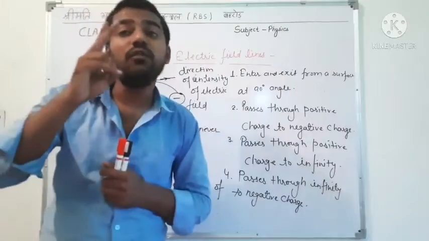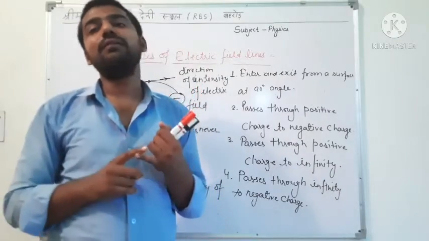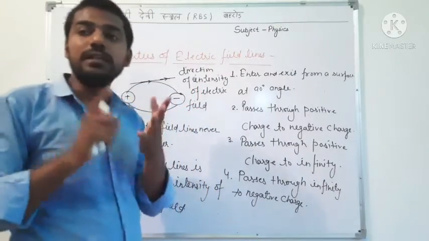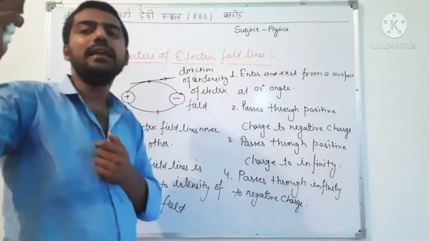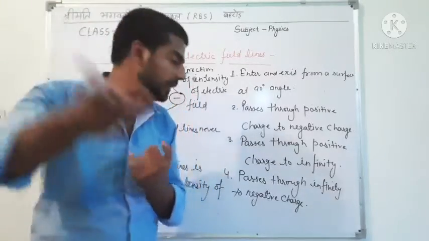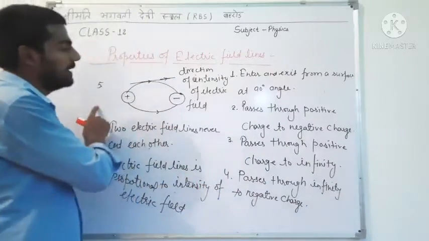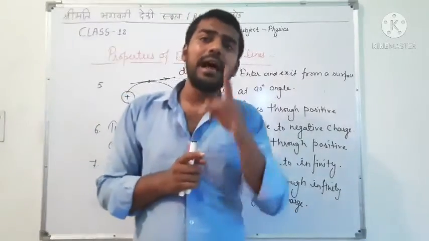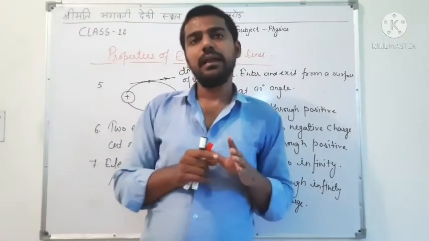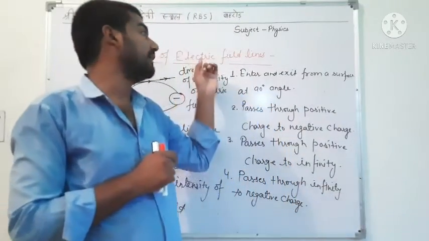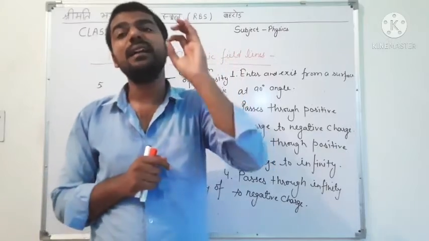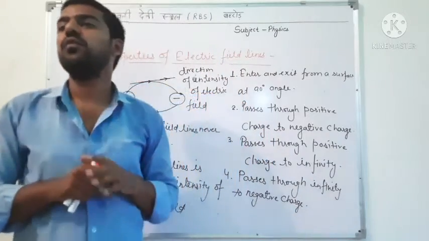If we have only one charge, then electric field lines pass from positive charge to infinity and from infinity to negative charge, which is this. Next, our fifth property: if we draw a tangential line at an electric field line, then it represents the direction of intensity of electric field.